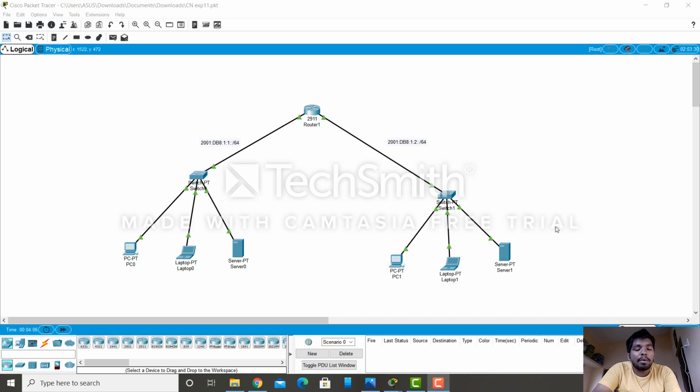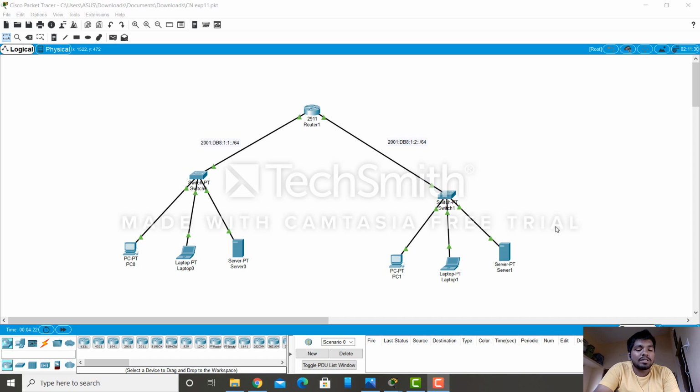IPv6 addresses can be further simplified by using a double colon, meaning two colons, in place of a series of consecutive hexadecimal zeros.